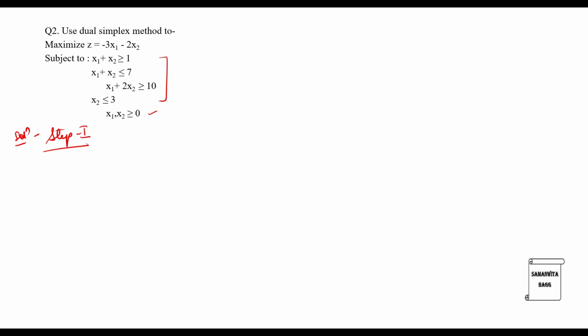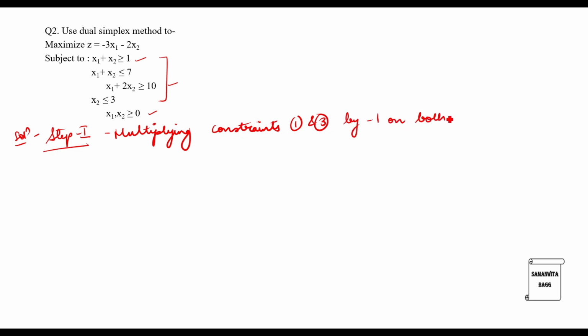We will first talk about the constraints. Since it is a maximization type of problem, the constraint should be of less than equal to type. The first and the third constraint are greater than equal to. So in the first step, I'll multiply constraints 1 and 3 by minus 1 on both sides.